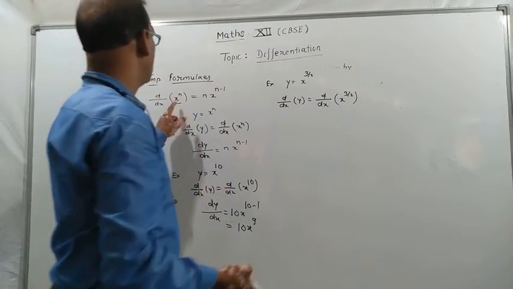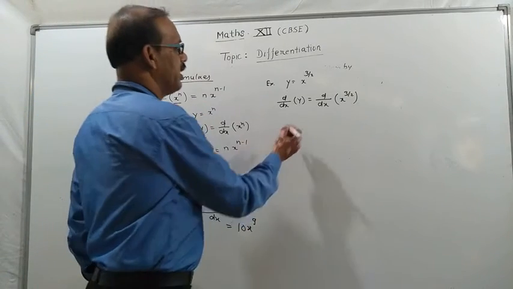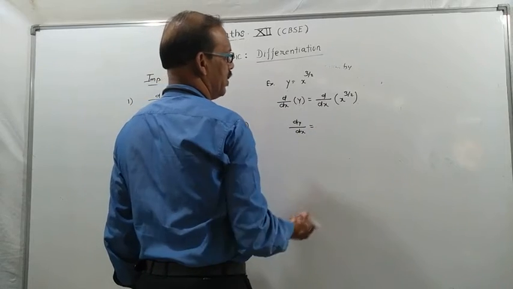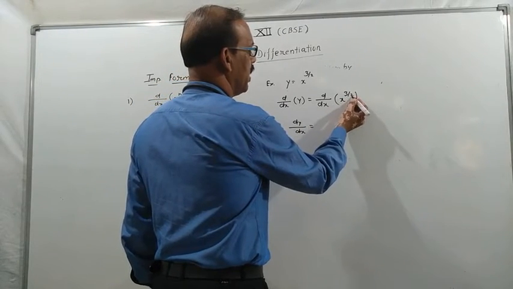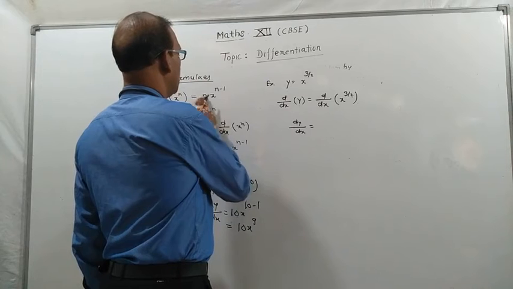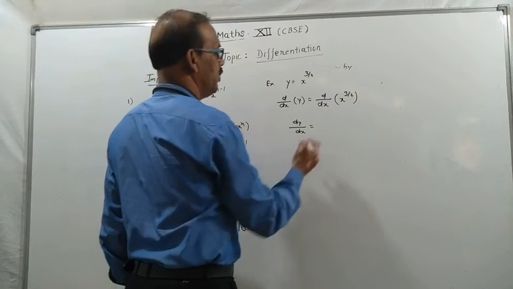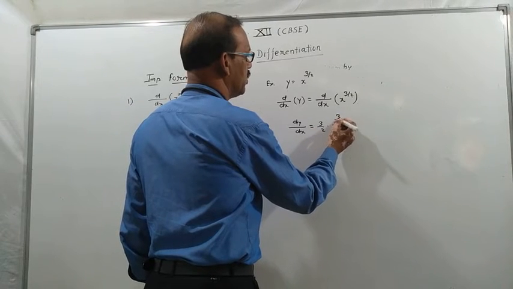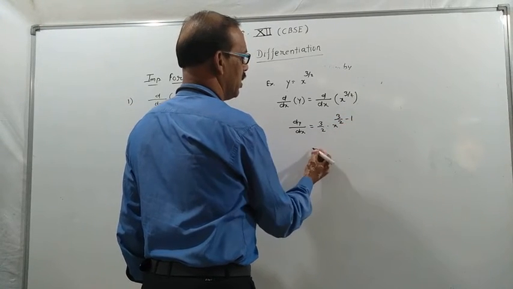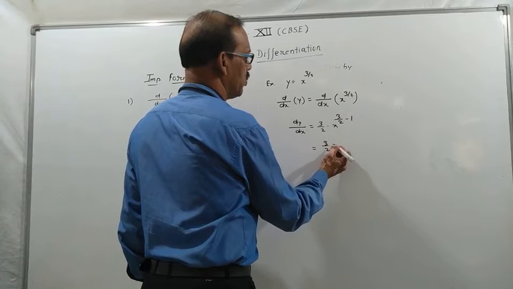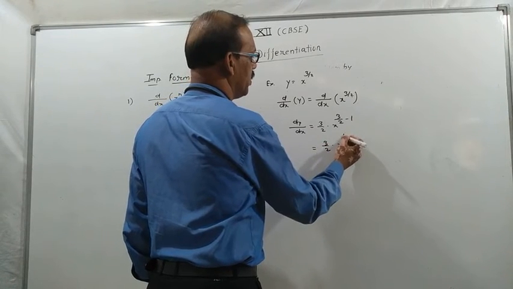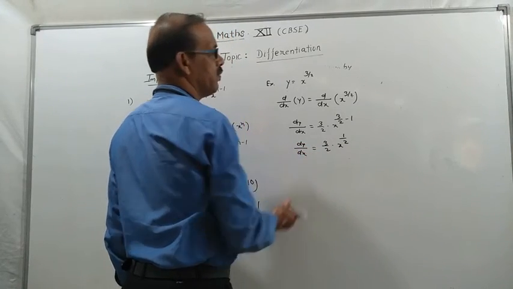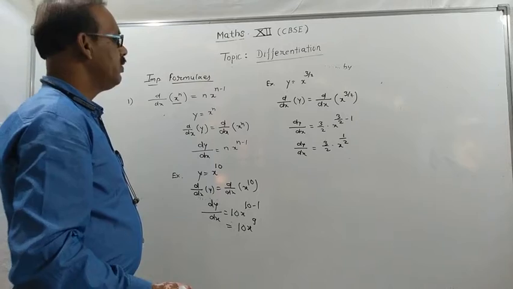Now, using the same formula, we are able to find the derivative of this function, that is dy/dx is equal to, here the value of n is 3 by 2, so we write n x to the power n minus 1 form, that is 3 by 2 dot x to the power 3 by 2 minus 1, that is equal to 3 by 2 dot x to the power 1 by 2. In such a way we are able to find the derivative of different functions.